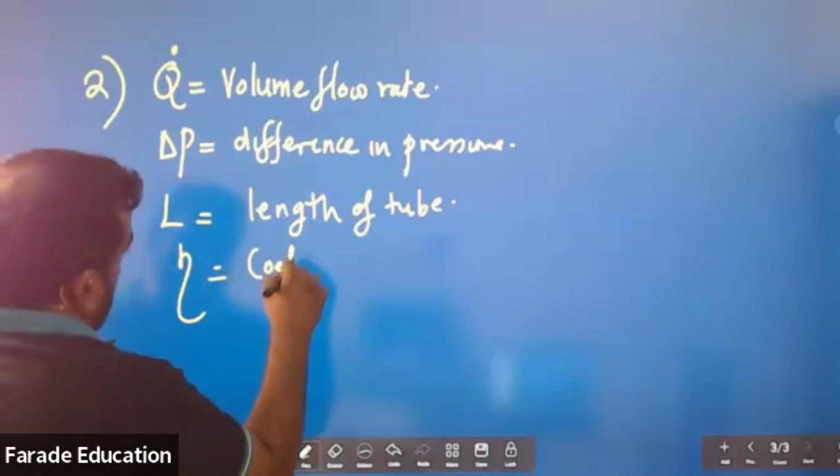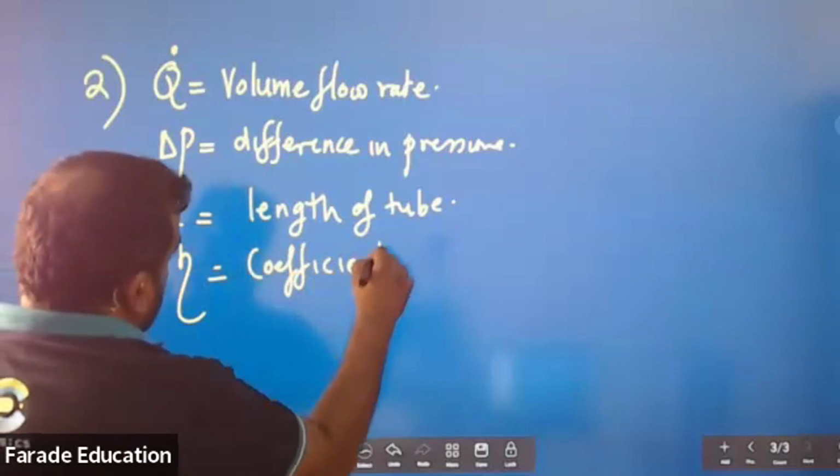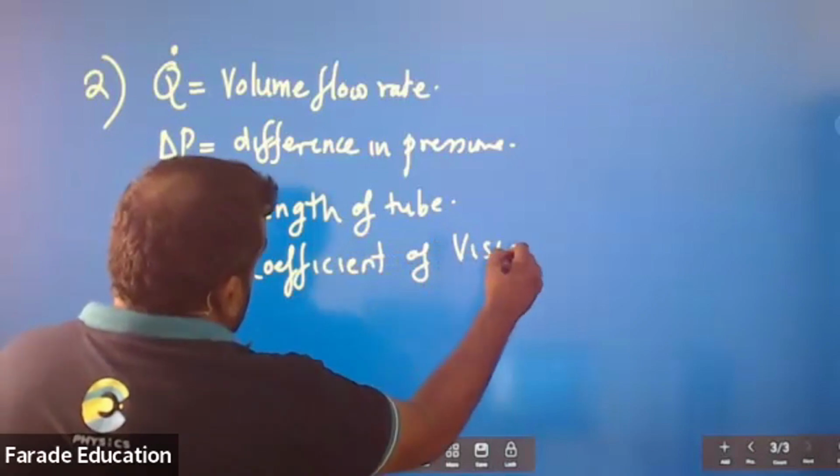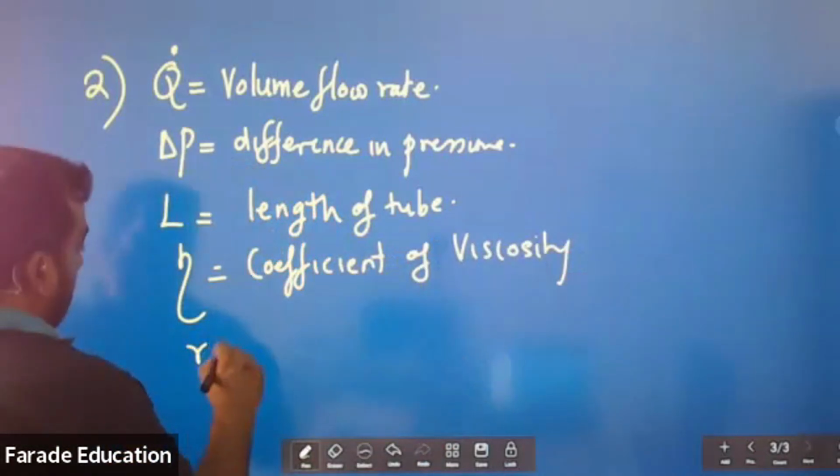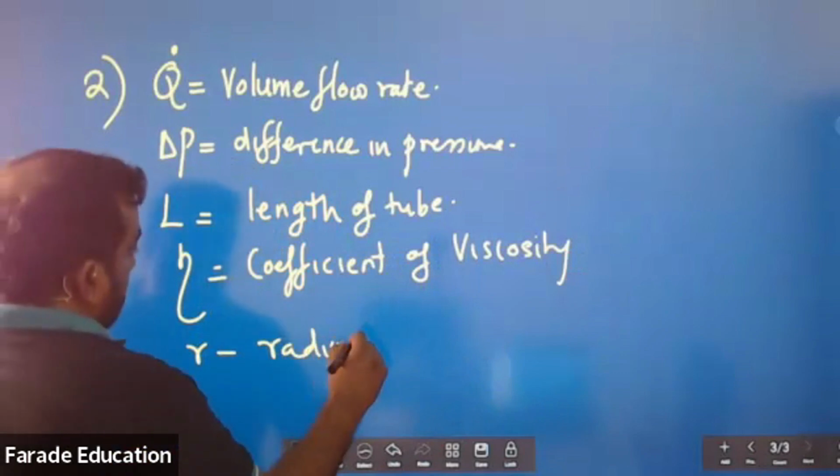Eta, coefficient of viscosity. Then R, radius of capillary tube.